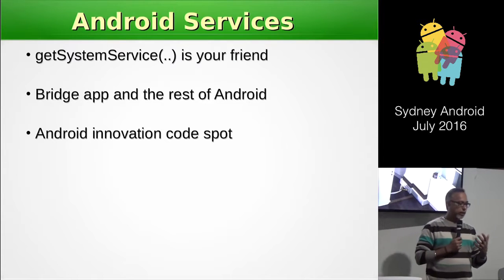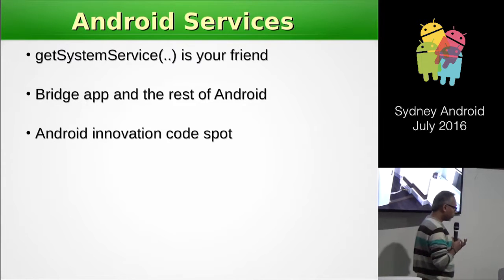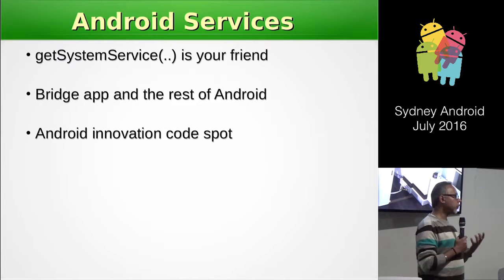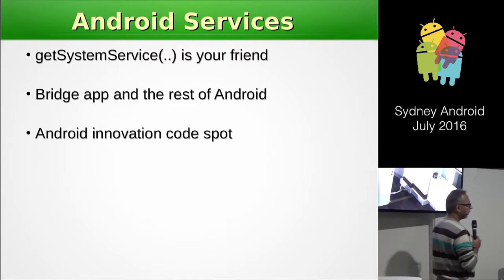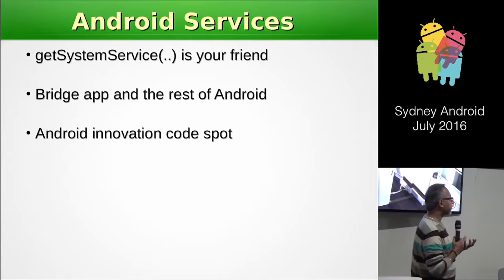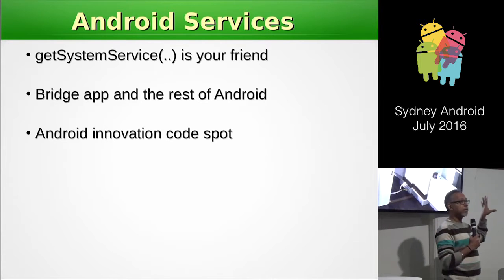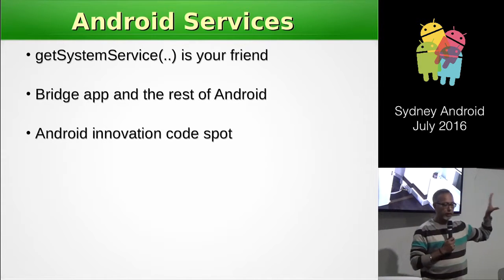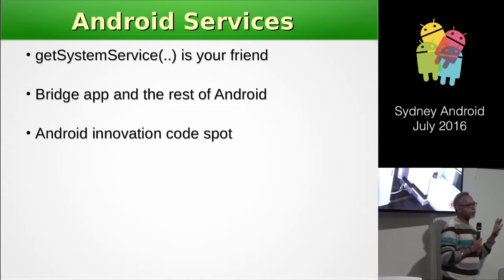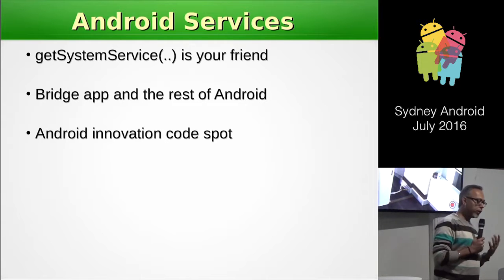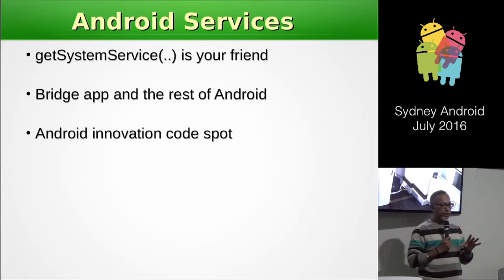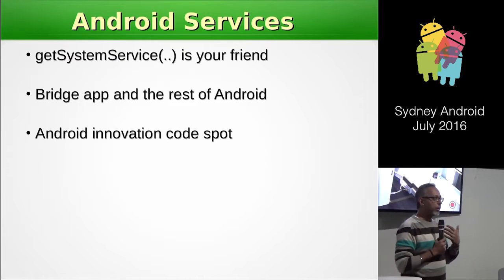Most of the new features of Android, if you backtrack from Gingerbread all the way to Nougat now, you see a lot of new features always pop up, whether it be fingerprint or whatever it is. Those features are mostly inside the Android services, and it's always the sweet spot for Android, where there's a lot of innovation and a lot of new stuff being tried out, because this is the area that most application developers interact with.